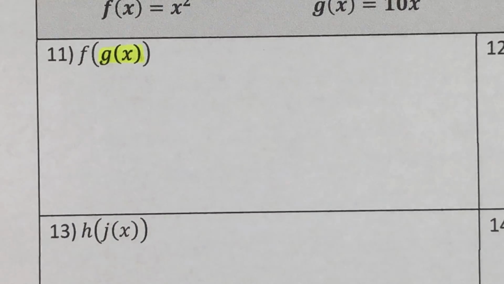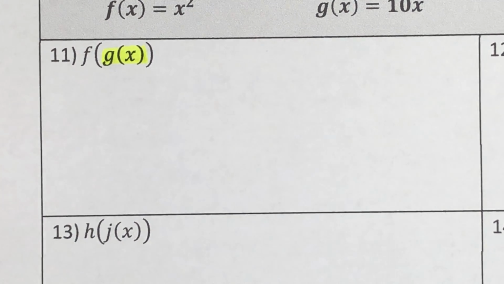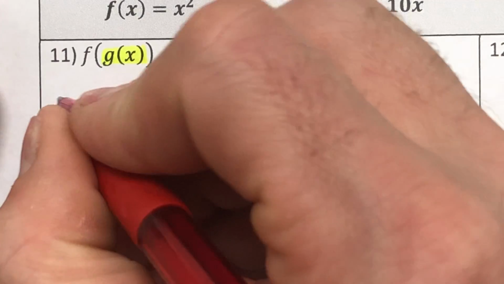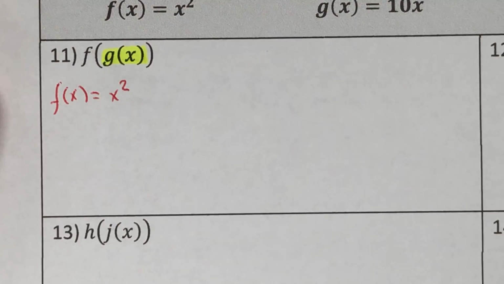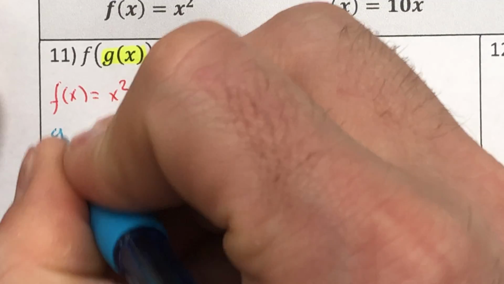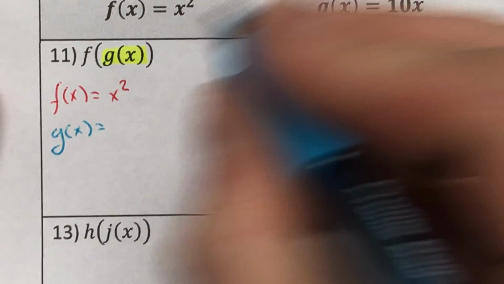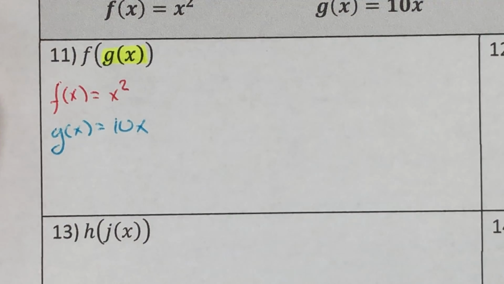Okay, so I know that g of x is going to be plugged into the larger f of x. So the first thing I'm going to have to do is define my two functions. So my f of x is equivalent to x squared, and my g of x is equivalent to 10x here.